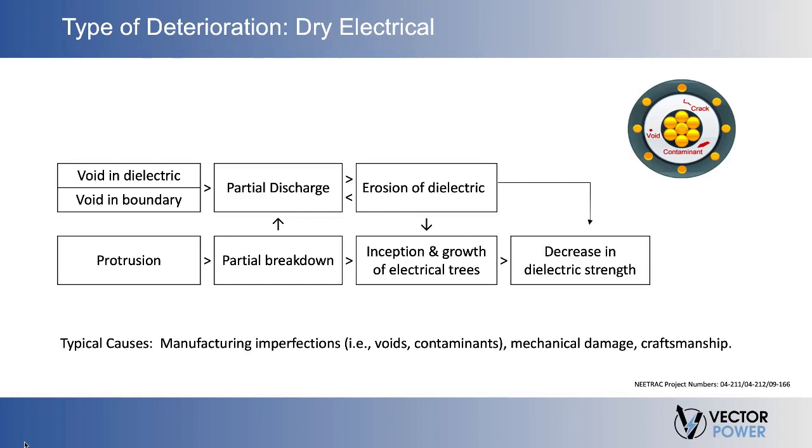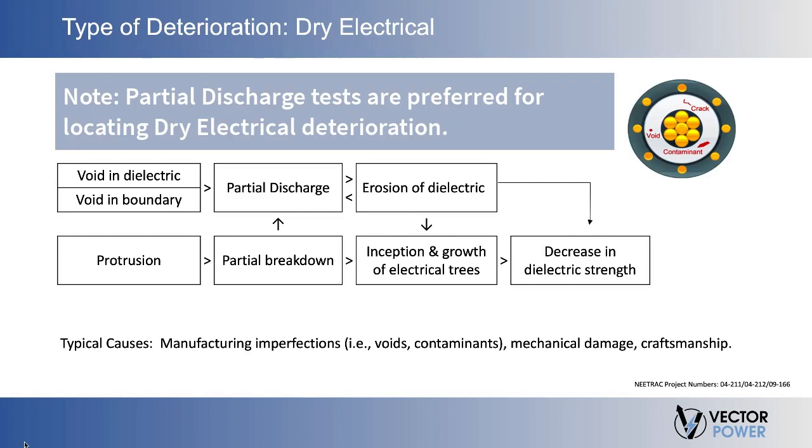Now, with protrusions protruding into the dielectric, we begin to see partial breakdown, and we see inception and growth of electrical treeing activity, which again in turn leads to decreased dielectric strength.